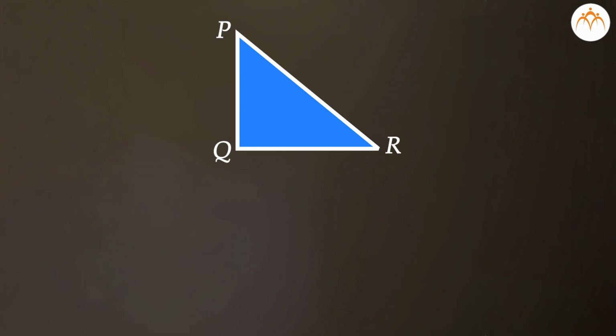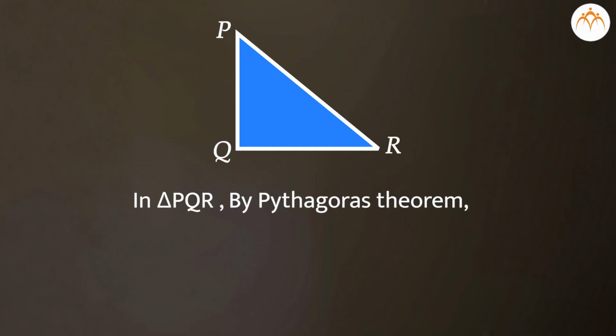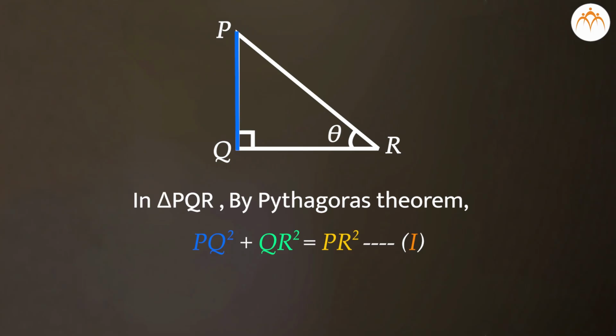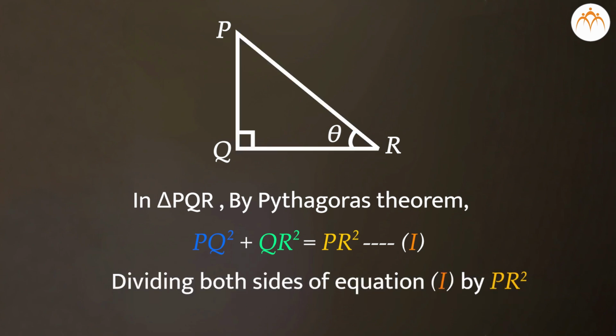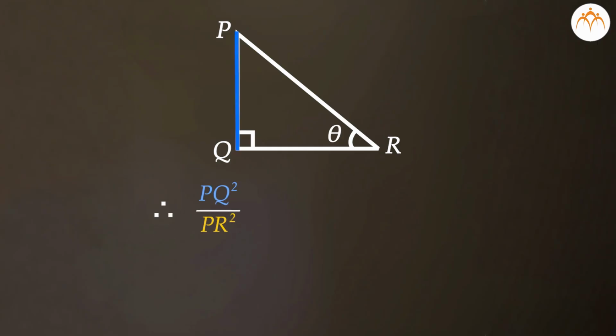In triangle PQR, by the Pythagoras theorem, PQ square plus QR square is equal to PR square. This is the first equation. Dividing both the sides of equation 1 by PR square, we get PQ square upon PR square plus QR square upon PR square is equal to PR square upon PR square.